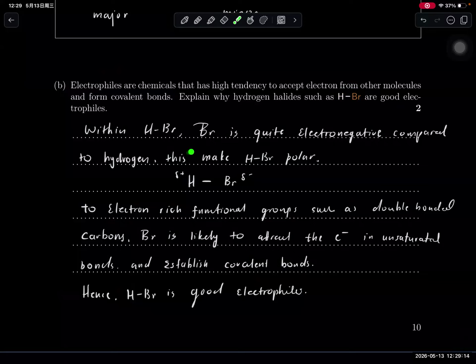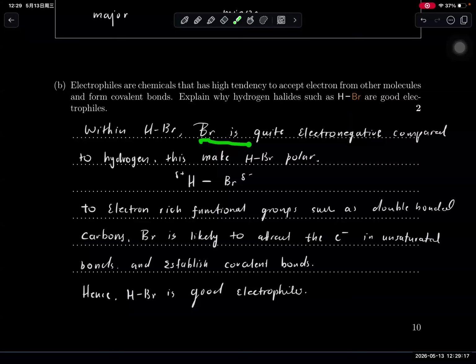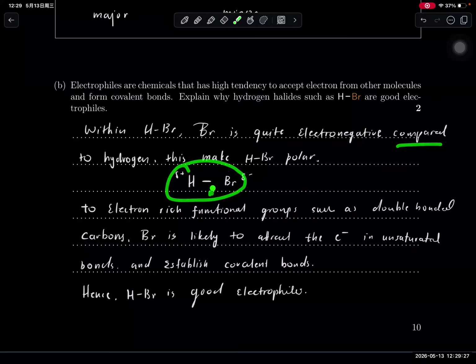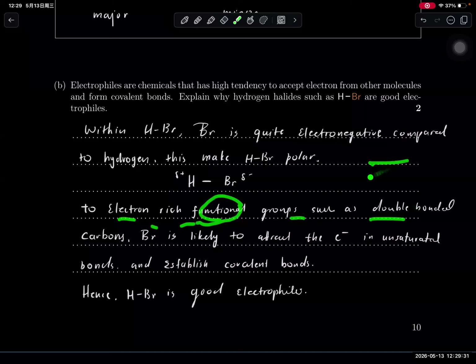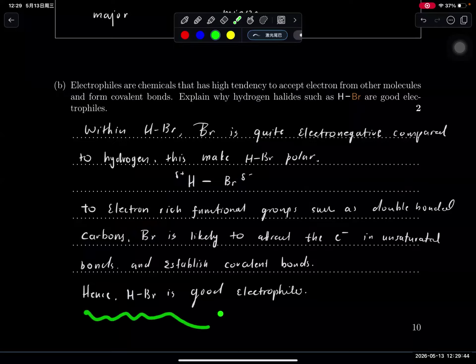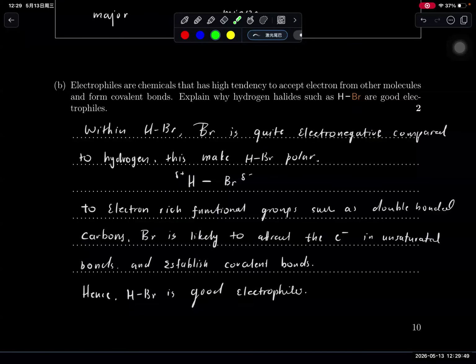Within HBr, bromine is quite electronegative compared to hydrogen, so we form a very polar molecule. Electron-rich functional groups, such as the double bond with its four electrons, are very dense in this region. So the molecule is very likely to attract the electrons in these unsaturated bonds and therefore establish a bond. This is why they are very good electrophiles, being able to disturb the electron configuration in a molecule.